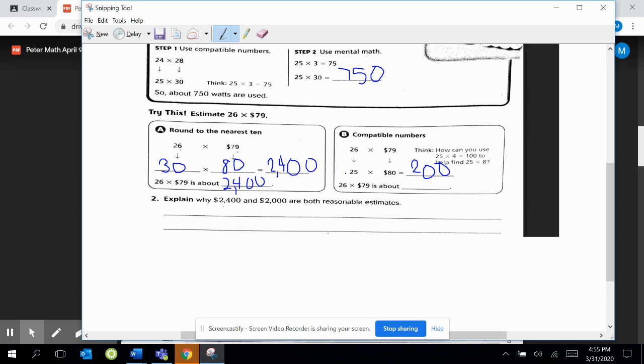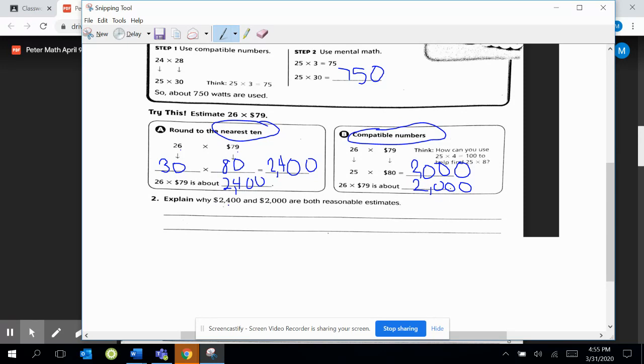But we're not doing 25 times 8. We're doing 25 times 80. So you got to make sure that we get that last 0 on there. And so it's about 2,000. So you see, you could round both of these problems with either compatible numbers or rounding to the nearest 10.